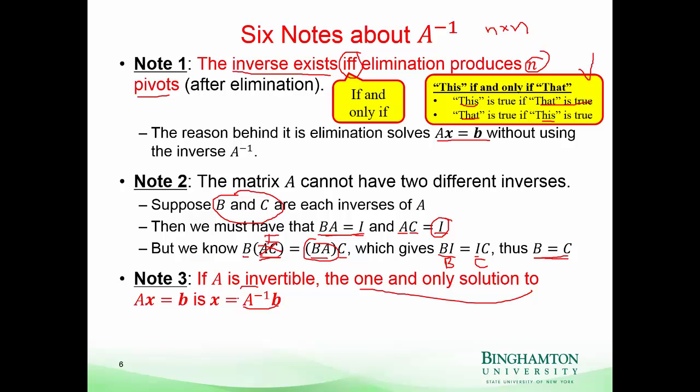Remember, we already said A inverse is unique. That's note 2. There's not two different things that work as the inverse. So that gives us the only part. And the fact that we're saying that if A is invertible, then the inverse exists, so there is at least one. So this gives us a unique solution when A is invertible.